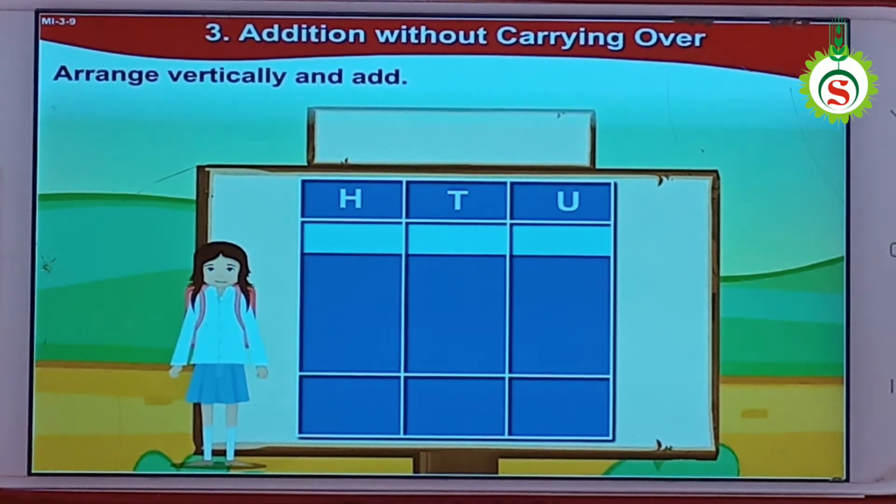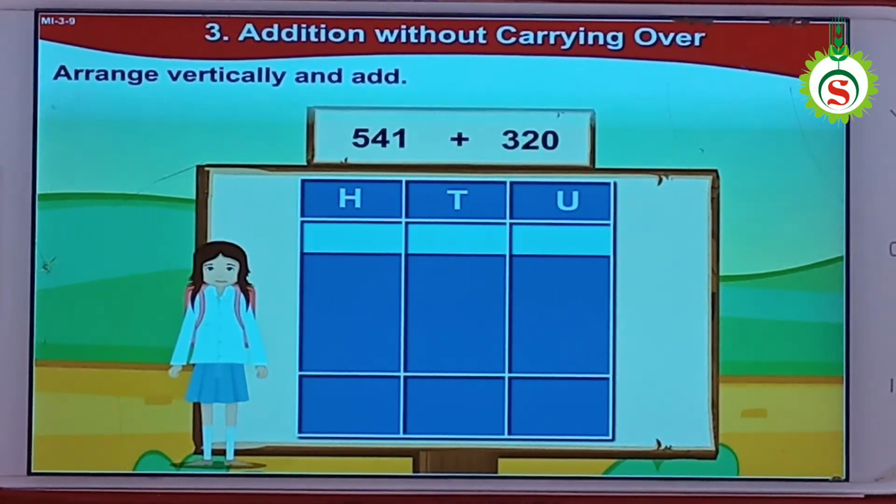Now the next one. 541 plus 320. Well, first we'll arrange them vertically. Now, we will write HTU. 541 would be 500, 4 tens, 1 unit. Plus 320 would be 300, 2 tens, 0 unit.